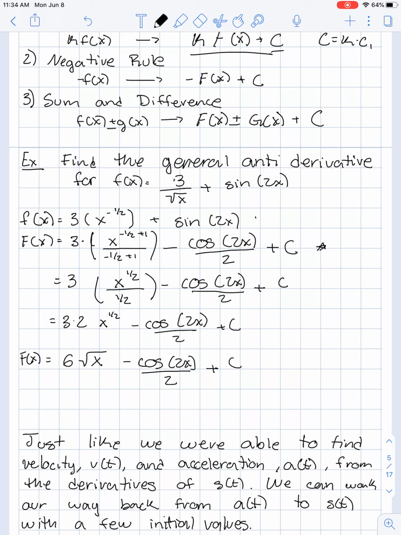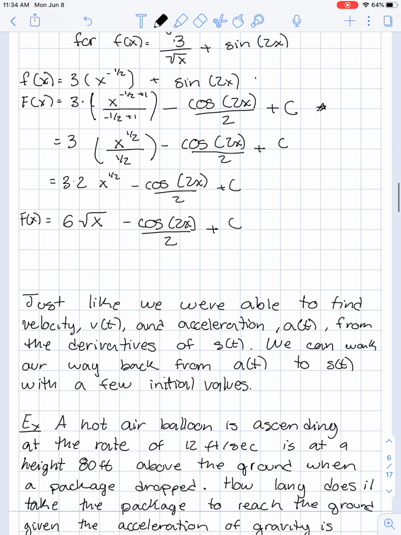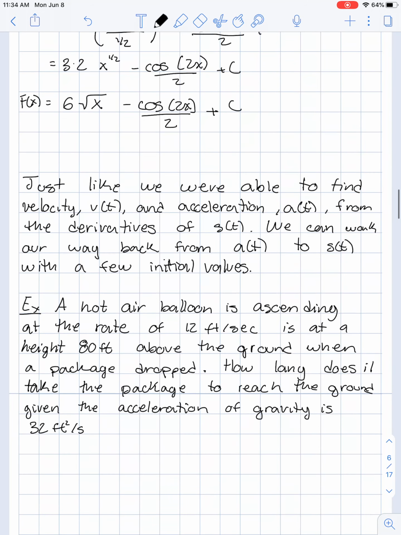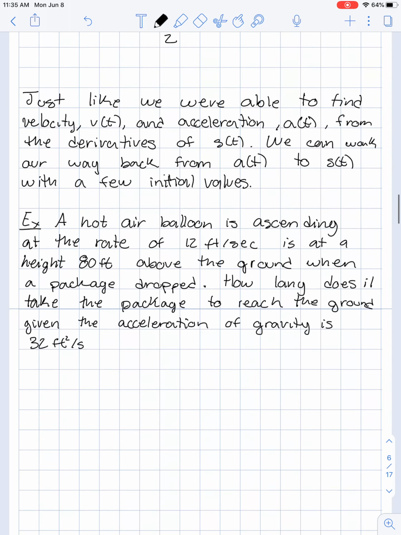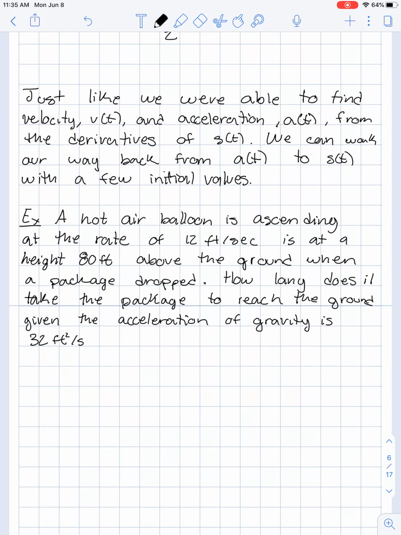So I kind of mentioned this earlier about being able to recover functions from their derivatives. We were able to find velocity and acceleration from taking the derivatives of position, right? S of t was position.